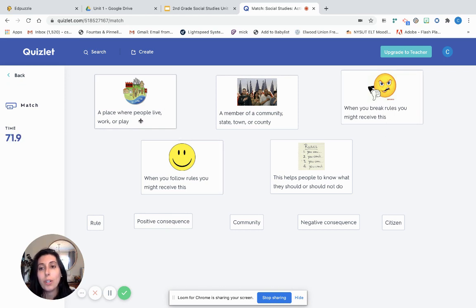Okay, so the first definition says a place where people live, work, or play. Think which word matches that definition. 3, 2, 1. Call it out.